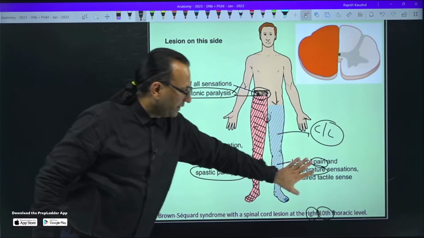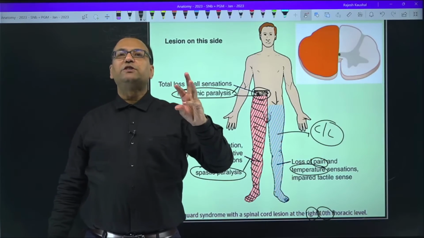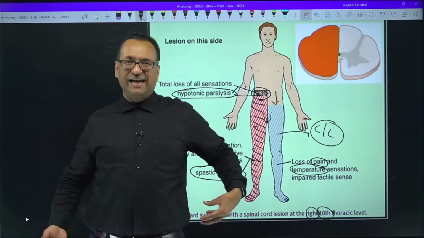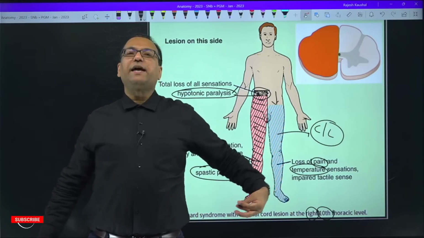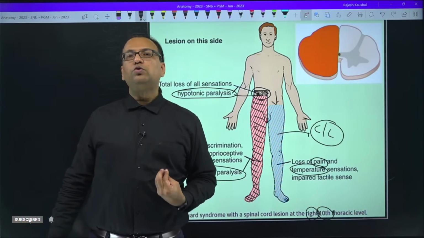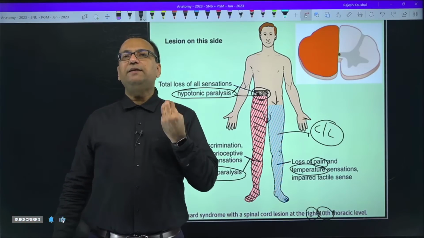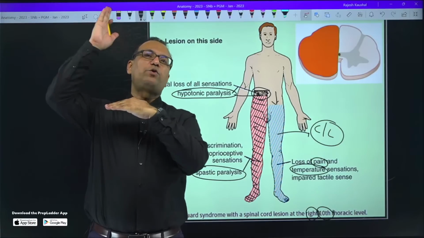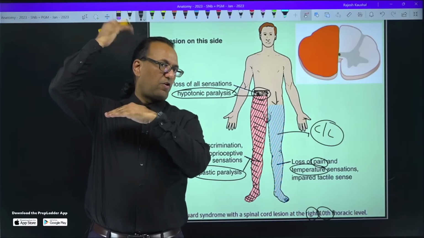For example, T12 fibers from T12 skin will enter, go to T11, T10. At T10 they will synapse, cross and start moving up towards the contralateral cerebrum.